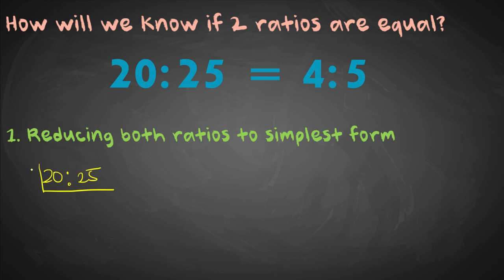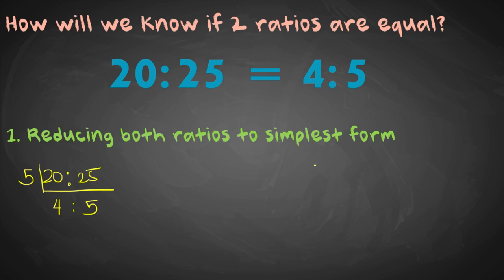I-divide natin sa 5. 20 divided by 5 is 4. 25 divided by 5 is 5. Wala na silang common factor bukod sa 1. So, ang simplest form ng 20 is to 25 ay 4 is to 5.